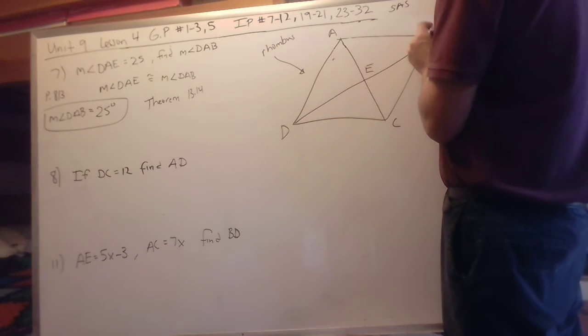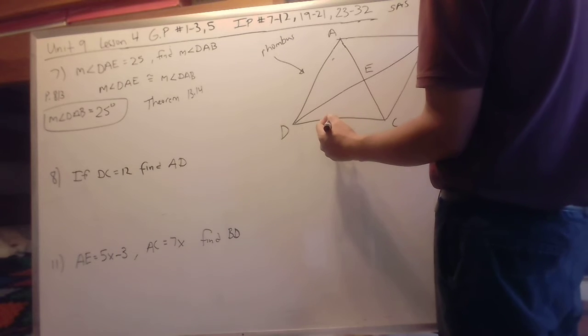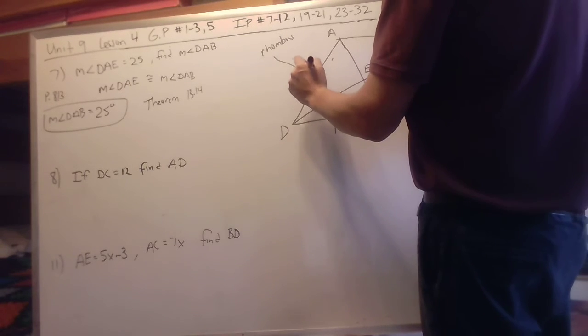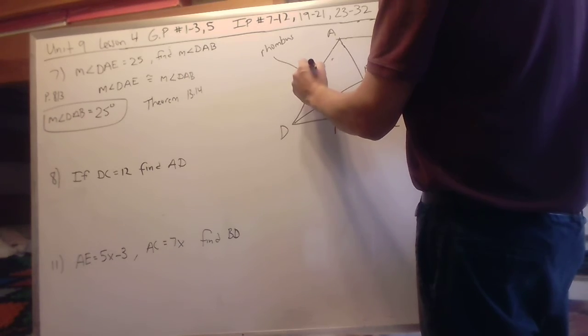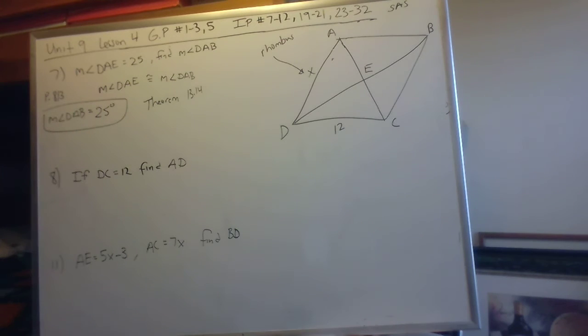All right, our second problem, number 8, says that diagonal DC, sorry, not diagonal DC. I thought it was the diagonal, but DC is down here. It says that DC is 12, and we want to find AD. Well, in a rhombus, the property is just like a square, meaning that all sides of the rhombus are equal to each other.